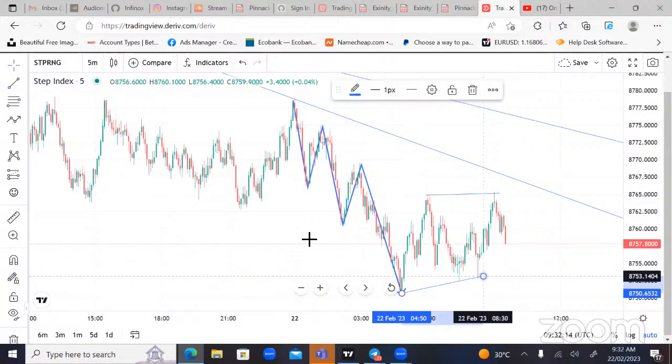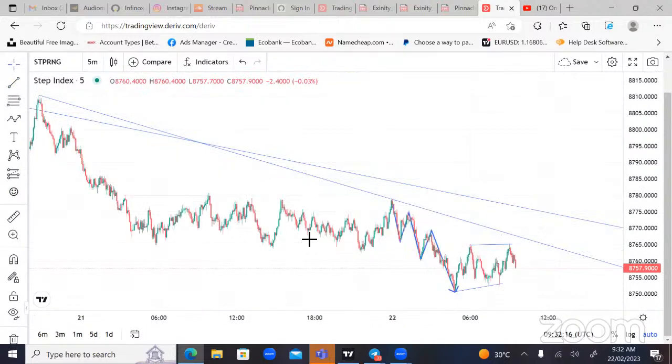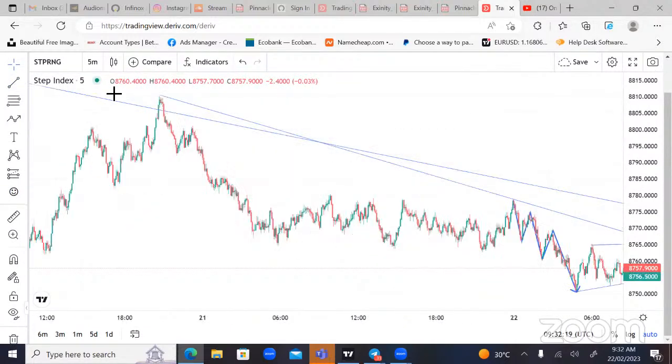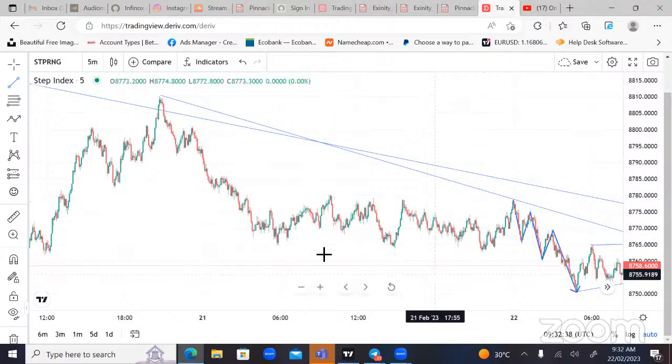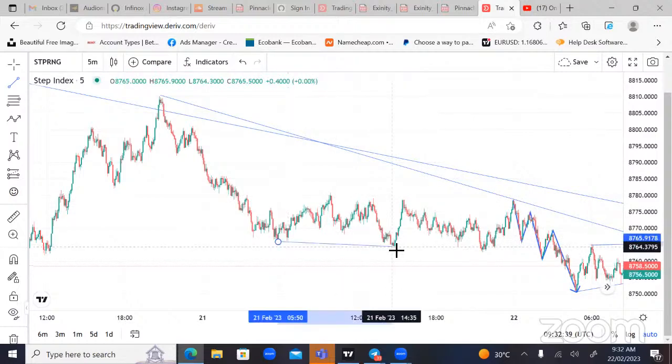The same way over here, this was an internal structure, and the Elliott wave correction formed a swing structure, breaking the previous internal structure. A, B, C. The same way we had this here.